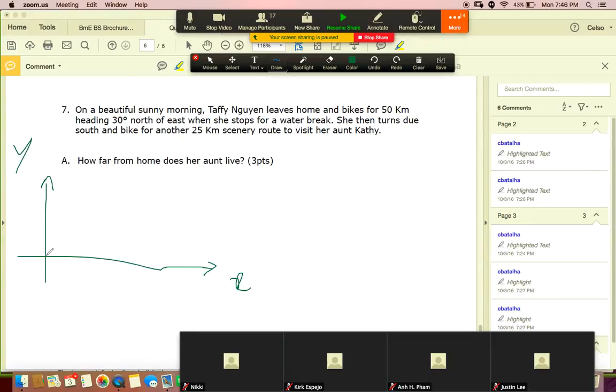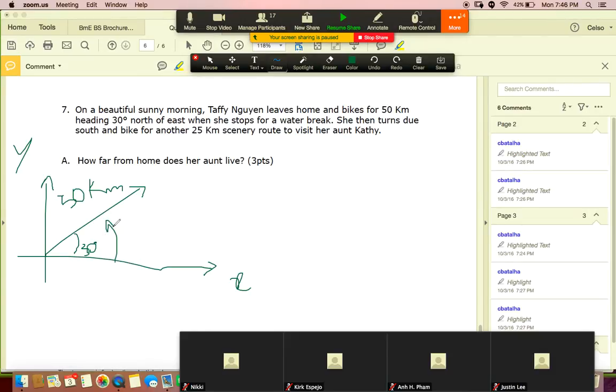So this is displacement. Imagine this is a Google map and you are seeing north and east, right? And then she goes a displacement of 50 kilometers with an angle of 30 degrees. You have to be able to read this north of east.